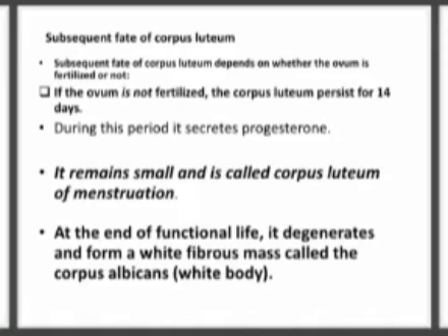At the end of its functional life, it degenerates and forms a white fibrous mass called the corpus albicans, white body. If fertilization does not happen, it ends up as a white body, corpus albicans.